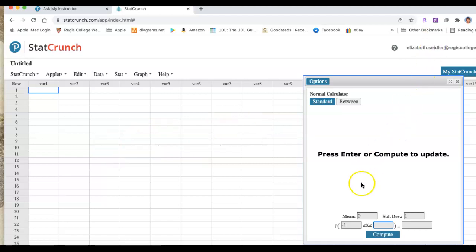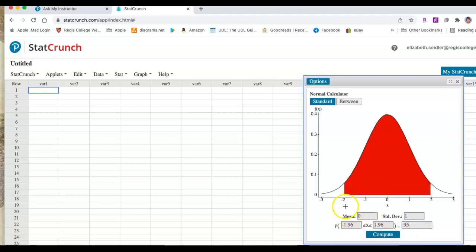So if I'm doing the between, well, let me get rid of this right here. If my significance level is 0.05, then the area between those two critical statistics, critical z's, is 0.95.